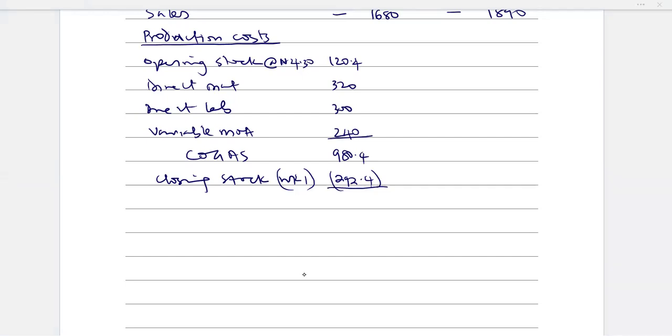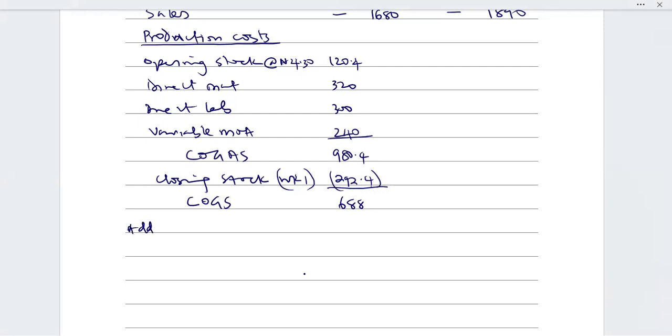Thank you. So this 688 is called cost of goods sold. Immediately after the cost of goods sold, under marginal costing approach, there are some costs that are variable but not related to production. Therefore, you need to add variable non-production costs.